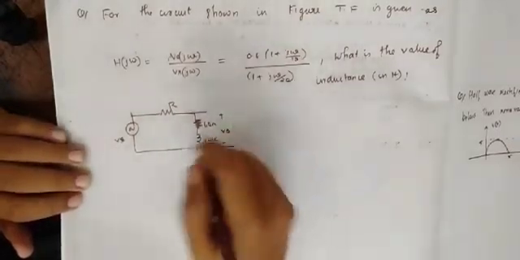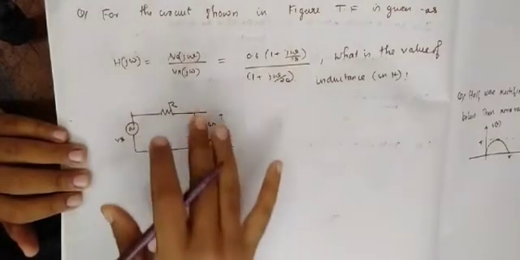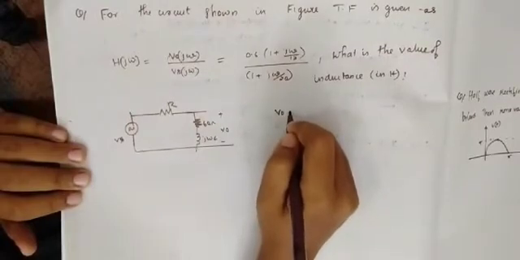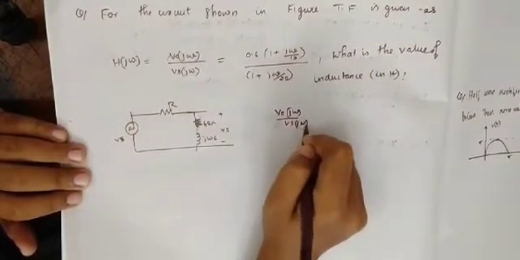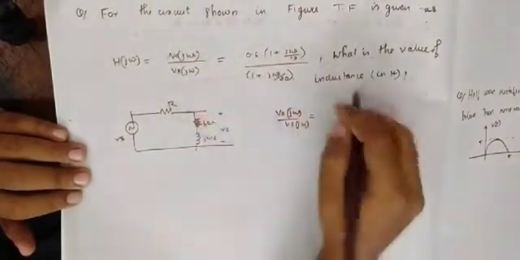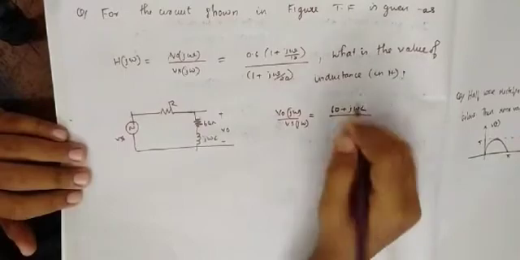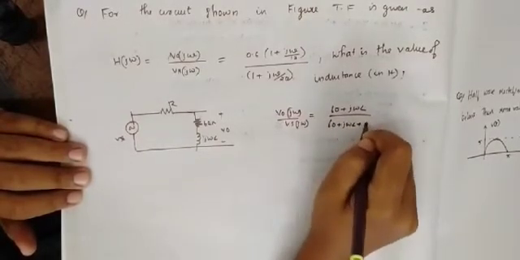So I am just going to write the transfer function of this particular circuit now. V0 of j omega divided by Vs of j omega. The transfer function is 60 plus j omega L divided by 60 plus j omega L plus R, right?